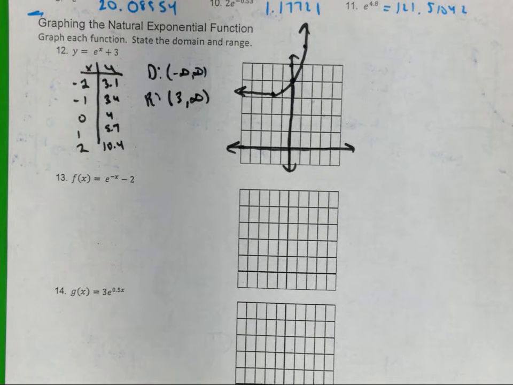Now, is this -2 going to affect the graph? Yes. Is that negative x going to affect the graph? Instead of growing, it's going to be what? Because it's reflecting across the y-axis. Does that make sense? Okay. All right.